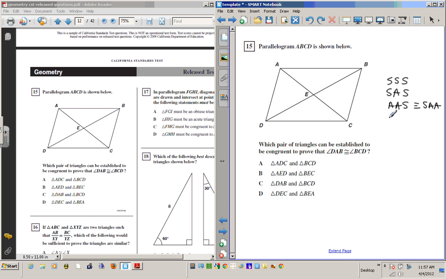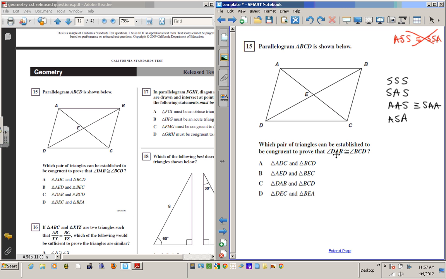or ASA. Remember, ASS, which is the same thing as SSA, does not apply for congruency or even similarity. Okay, so let's look at this.